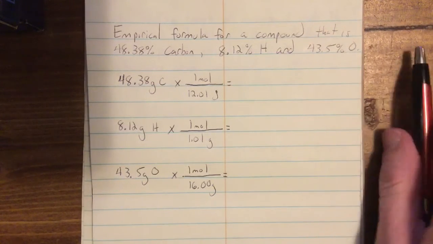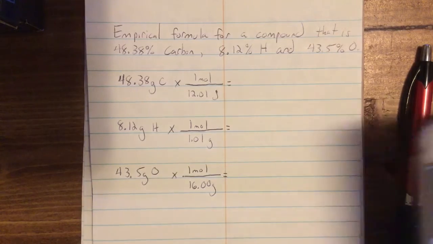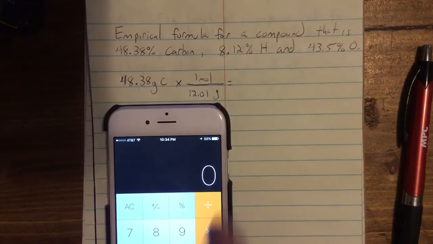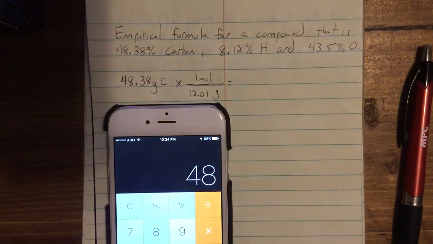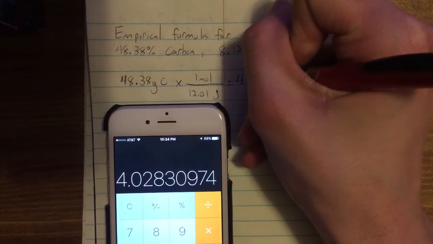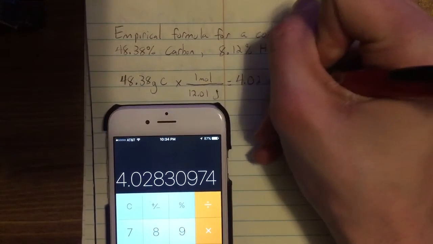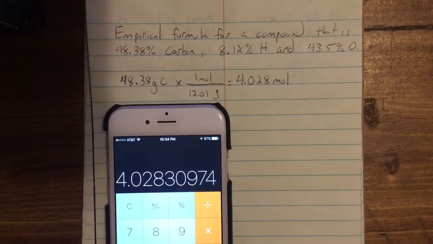Okay, so then once you have it set up from here, you're doing your math on your calculator. So for the first one, we're doing 48.38 divided by 12.01, which equals 4.028 moles. Don't worry about rounding here.